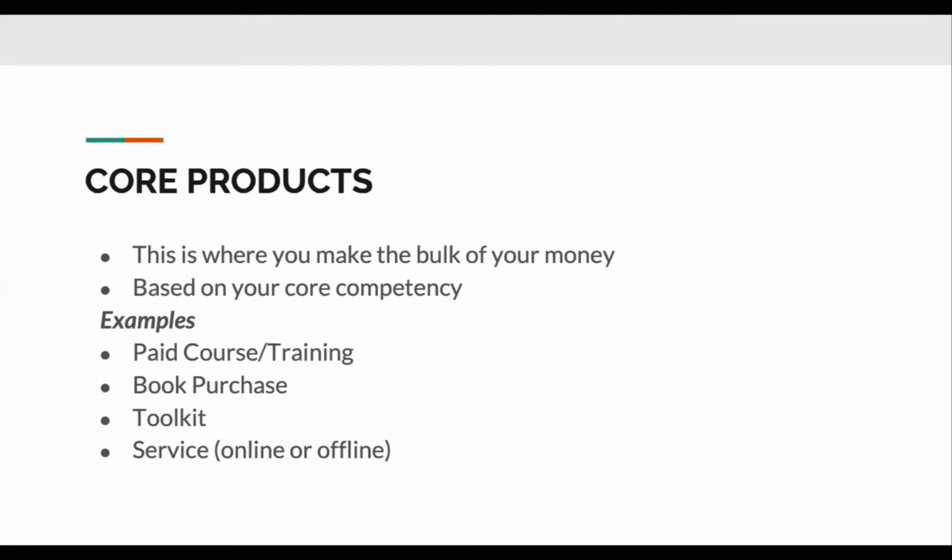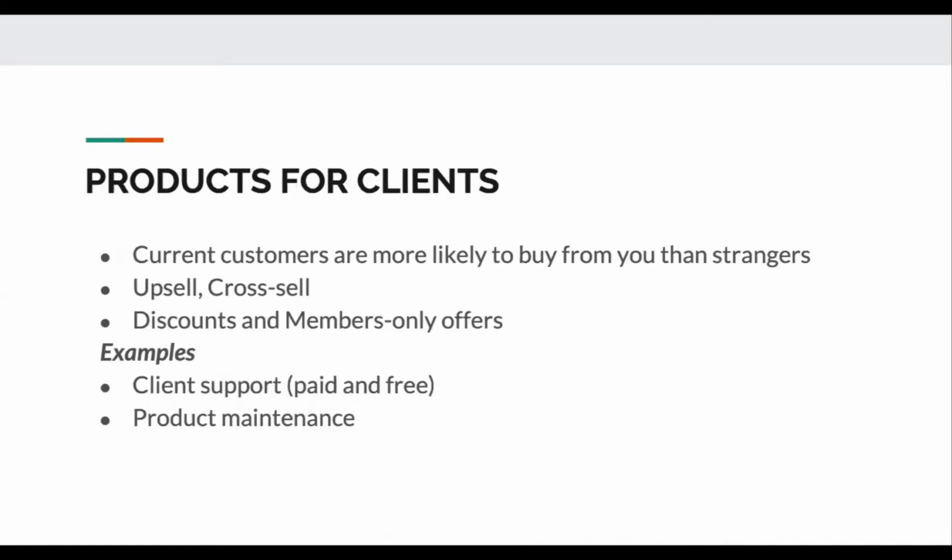Whatever service you're offering, be it online or offline, if it's a freelance thing, maybe you design for people, you write for people, or you build websites as a developer, anything that brings you the main money is your core product.